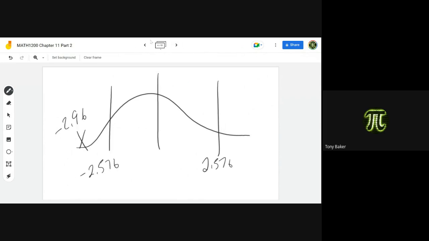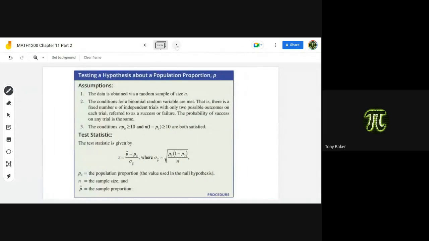All right, let's just look at the formulas for proportion. You already have these formulas. These are the same formulas we used when we did confidence intervals. They're exactly the same. The one thing that we do have to test, and most times it's going to work out, is you have to do your n times p and make sure that's greater than 10, and then your n times 1 minus p and make sure that's greater than or equal to 10.